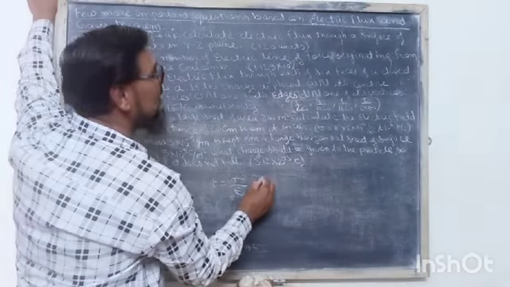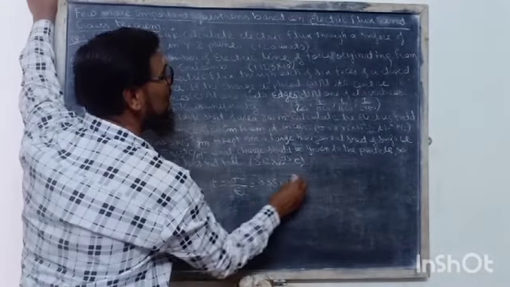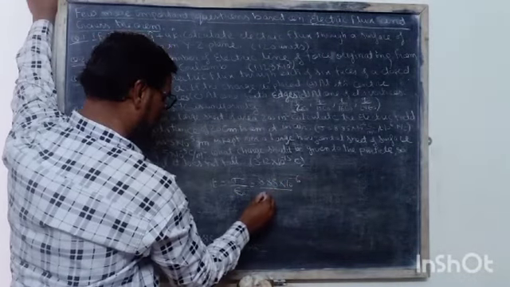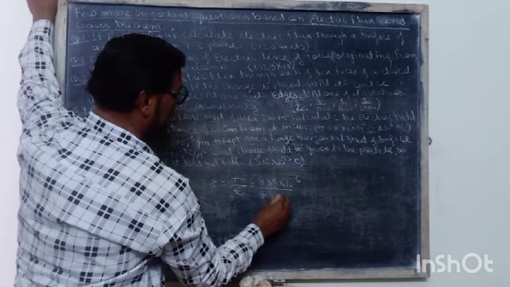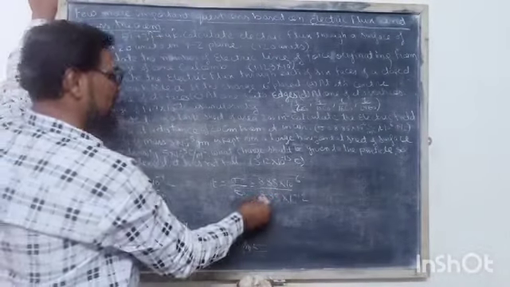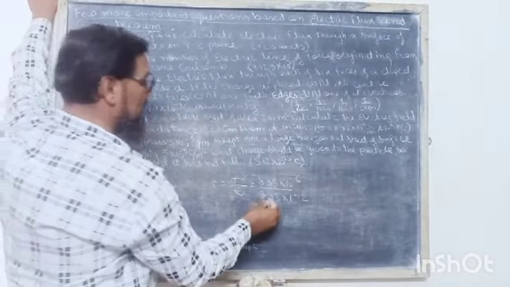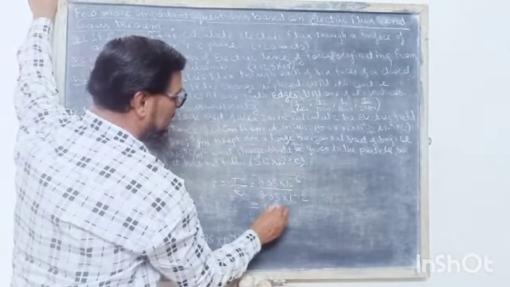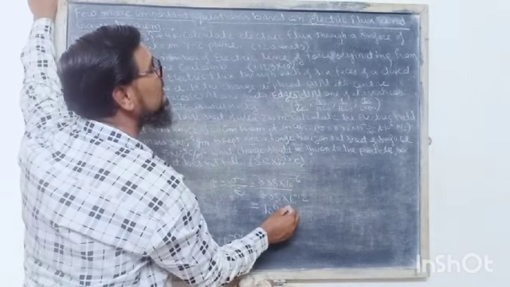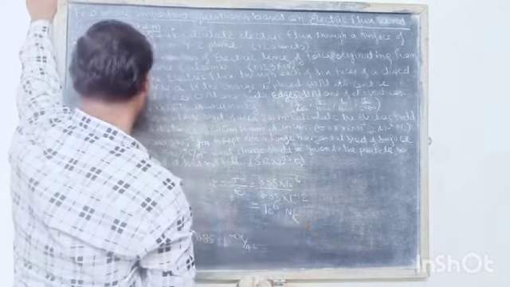The value of sigma is 8.85 into 10 raised to the power minus 6 upon 8.85 into 10 raised to the power minus 12, according to Gauss theorem, where we cover this sheet, and the value will be 10 raised to the power 6 Newton per Coulomb.